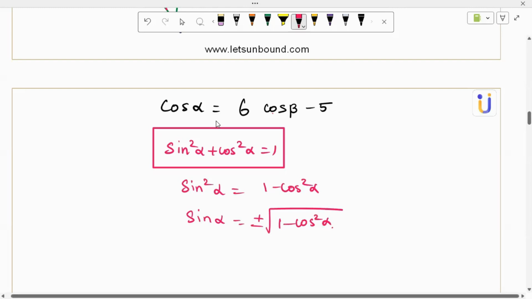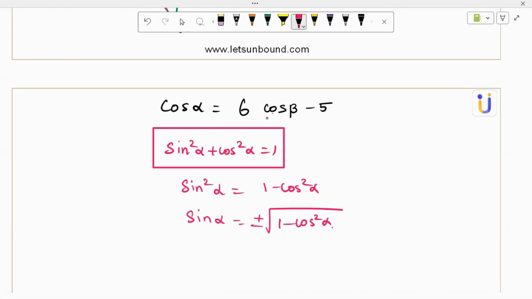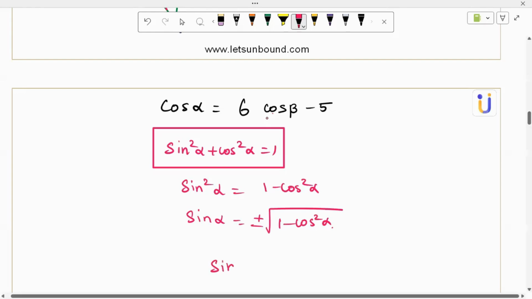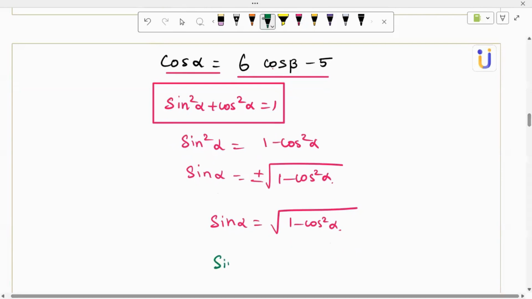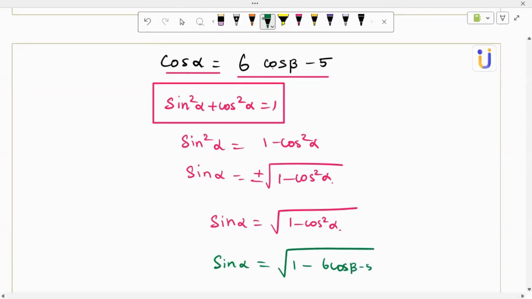We're going to pick the positive since we are dealing with area, so no minus. So we finalized sine alpha is equal to square root of 1 minus cos square alpha. My cos alpha I know, and you can square it. So using that, sine alpha equals square root of 1 minus (6 cos beta minus 5) the whole square.